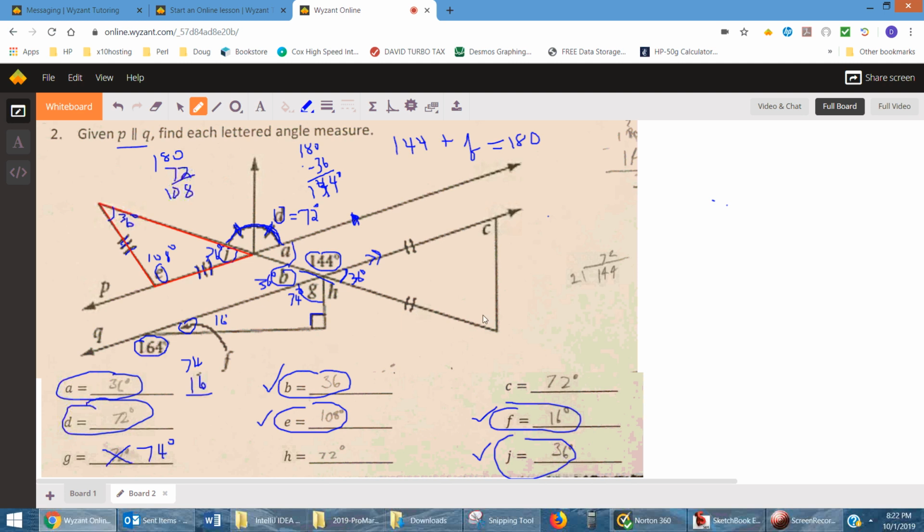So the base angles are equal. That means this angle equals this angle. So C is 1/2 of the supplement of 36. We already found out that the supplement of 36 is 144. So C is 72. So is this angle, 72. 144 plus 36. Okay, so C is 72. I agree with that.